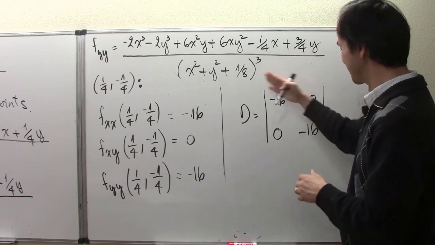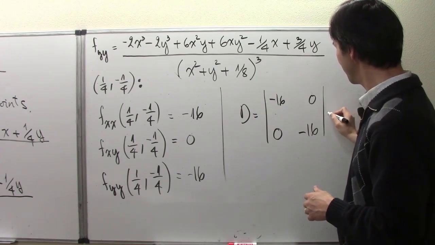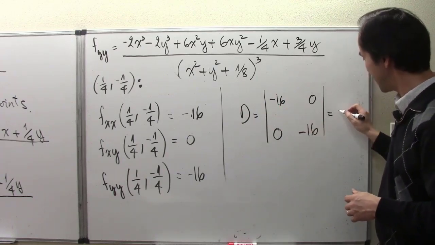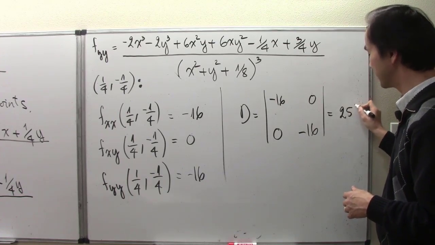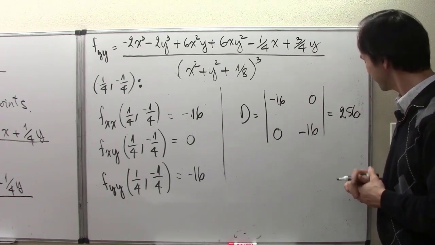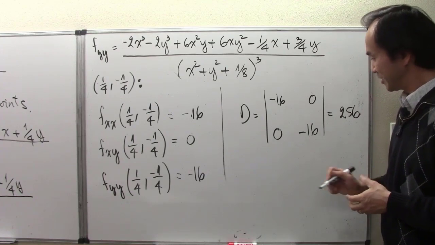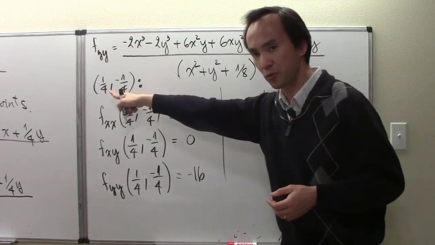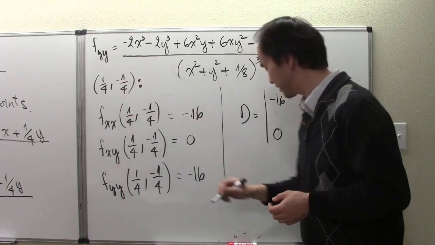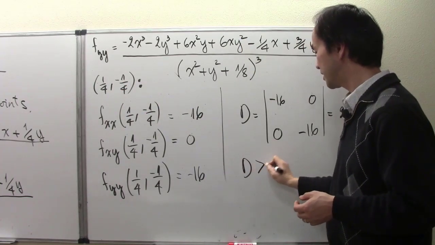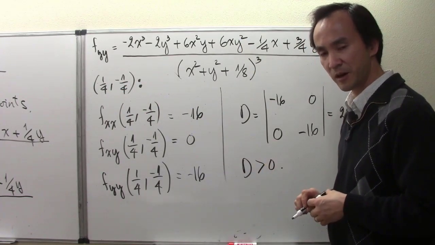Working through the determinant, negative 16 times negative 16 minus 0 is positive 256. So we now know that at this point, 1/4, comma negative 1/4, the determinant is positive.